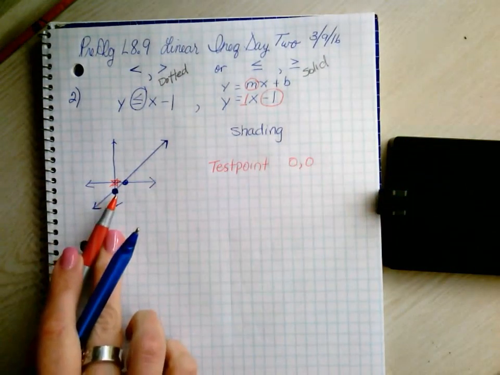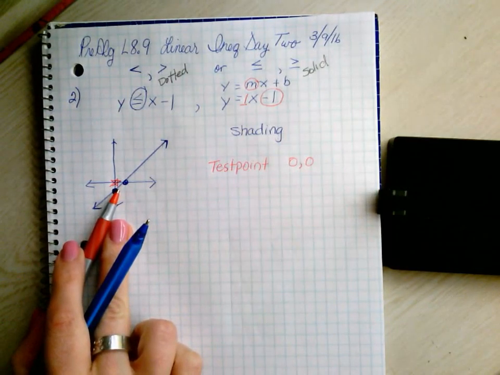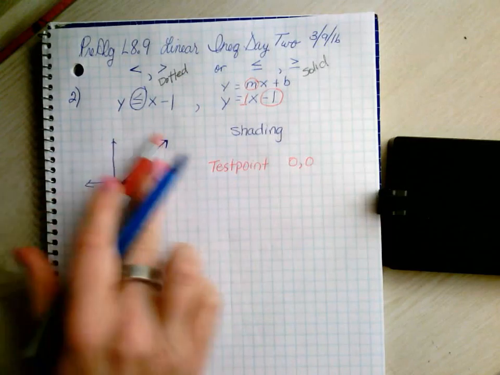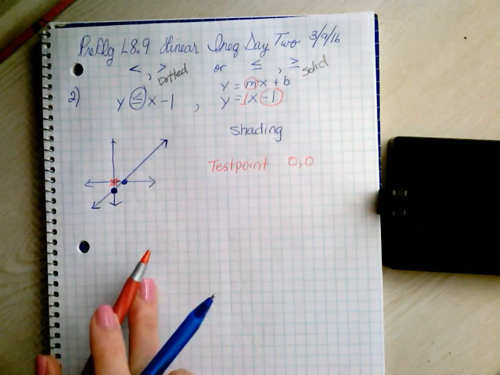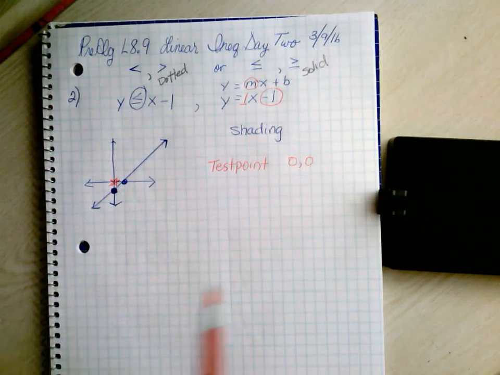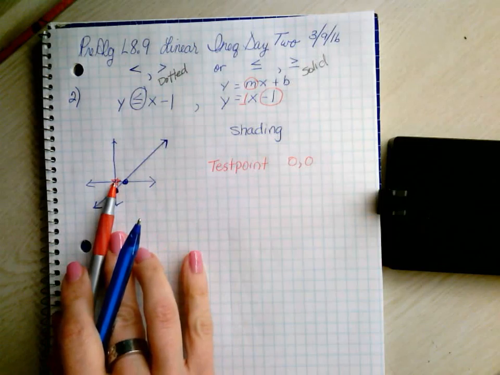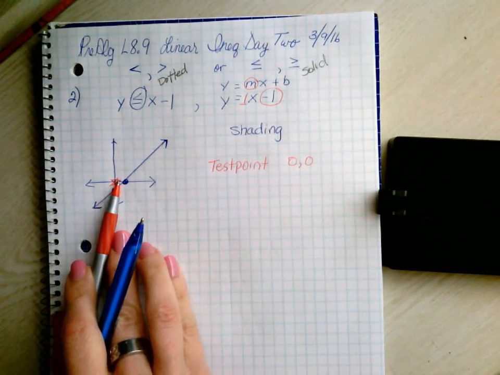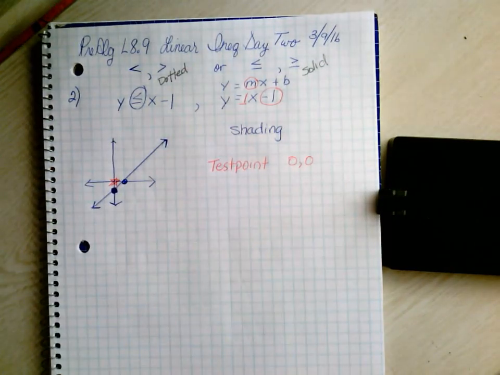Would you agree? If the 0, 0 is on the line, you can't use it. You have to use something else. And you can pick anything else on this side or on that side. Now, here's the rub. If I choose this test point and I plug it in, if this test point makes a true statement, then everything on that side makes a true statement.